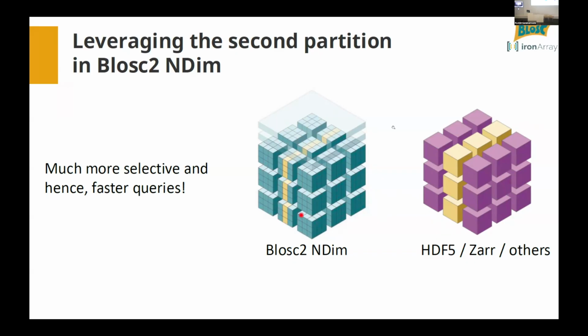We just need to fetch the small number of blocks that are needed. That is the gist of the two partitions, allowing for much more selective and hence faster queries.